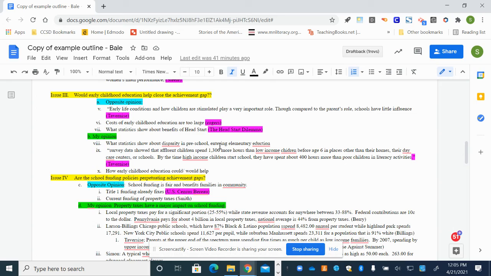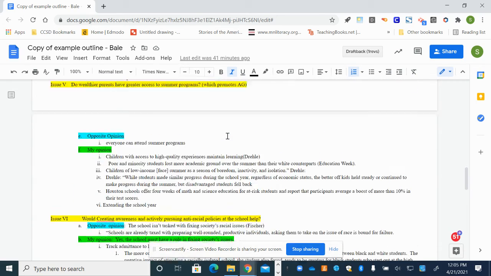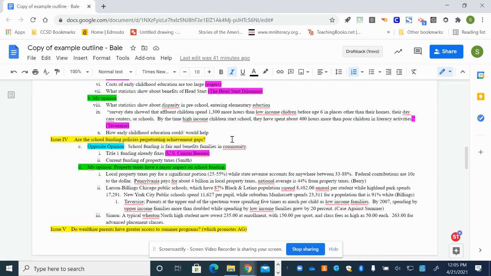And then it basically follows, like I said before, that same pattern throughout. And sometimes for certain issues, you may have more evidence than you do in other ones. And that's okay. So have a good mixture of longer and shorter paragraphs.